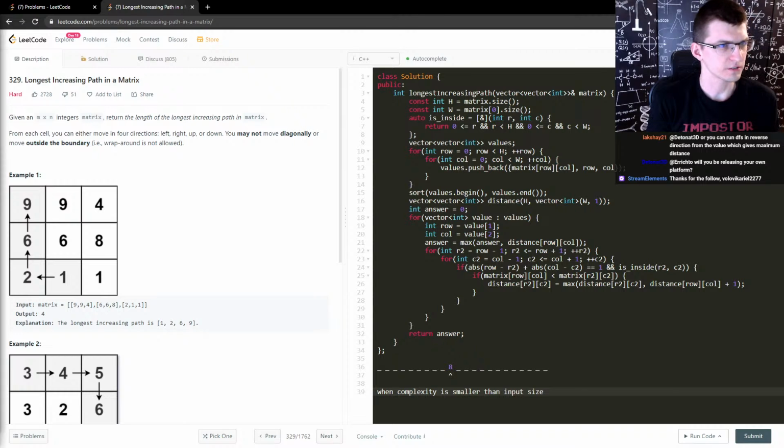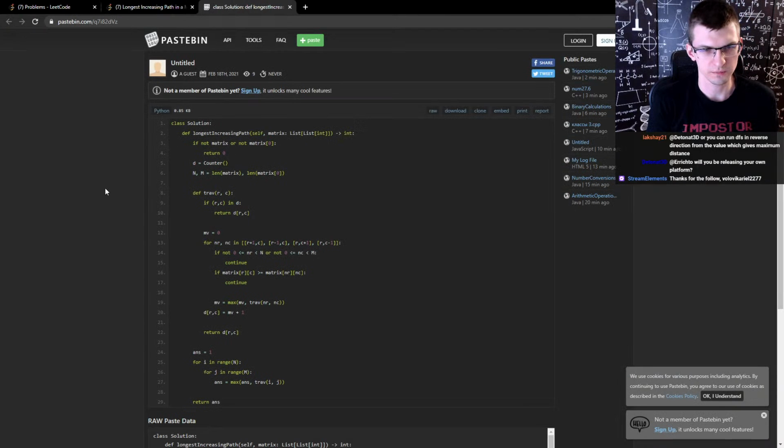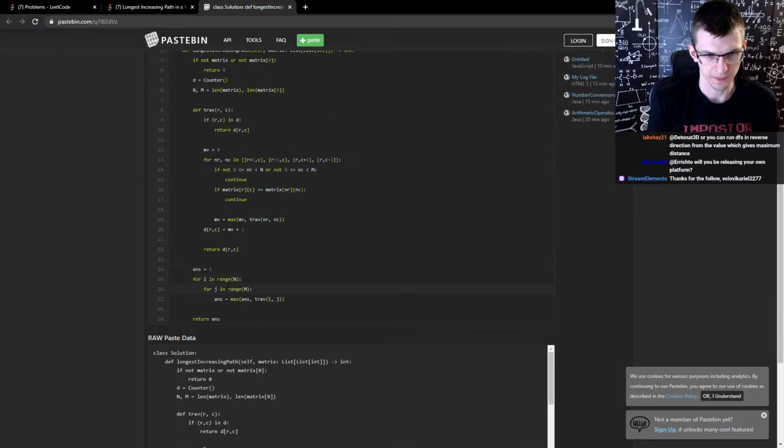Here's the link. Okay, so that's the better, simpler solution. What do we have? Traverse for row and column. For every cell we traverse starting from it, return DRC.